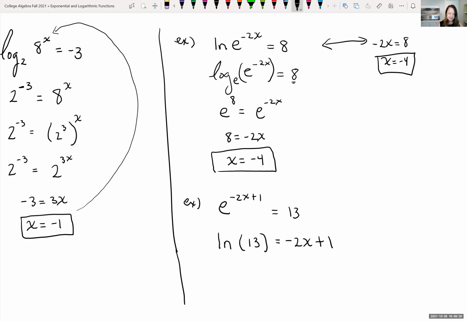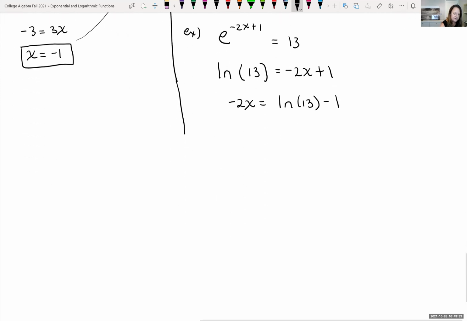So we can solve for x here. Let's subtract 1 on both sides. So I would get negative 2x is equal to the natural log of 13 minus 1. And then divide both sides by negative 2.